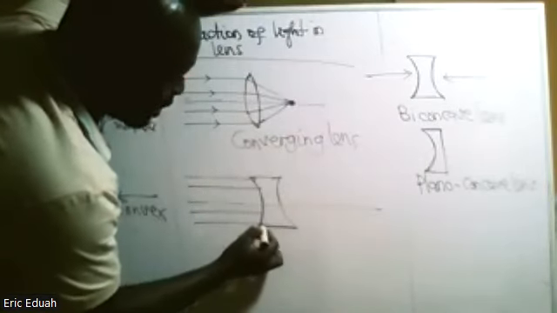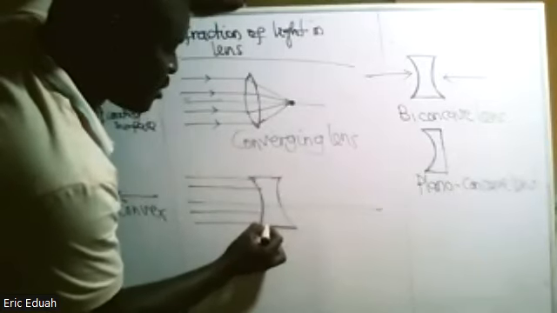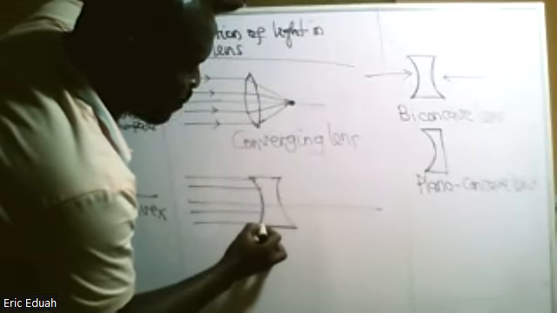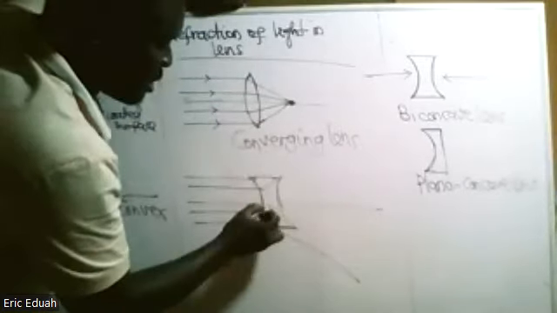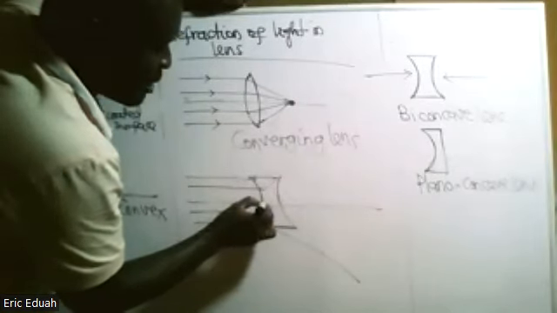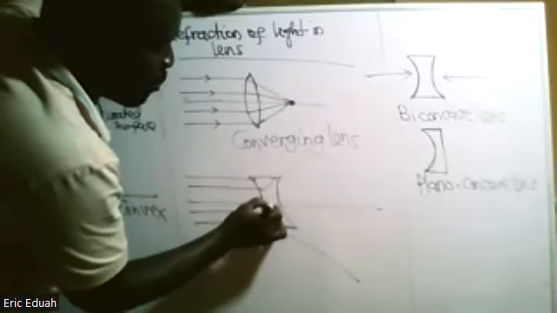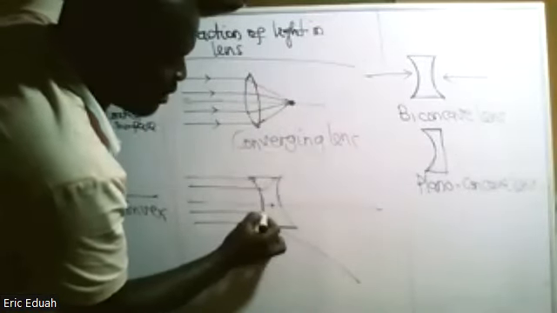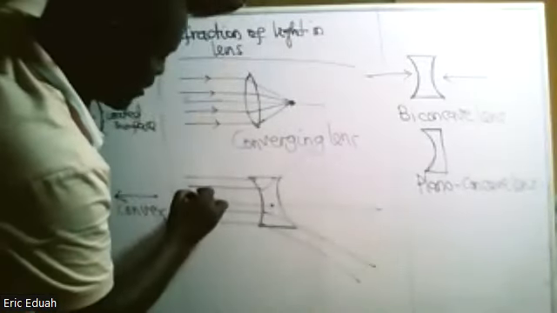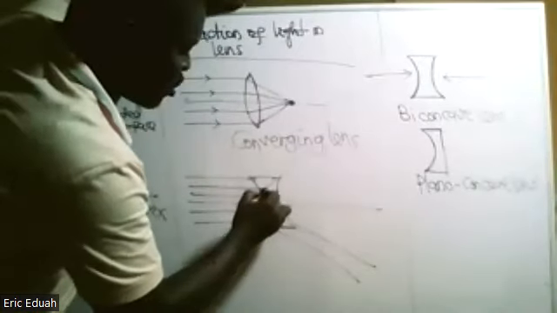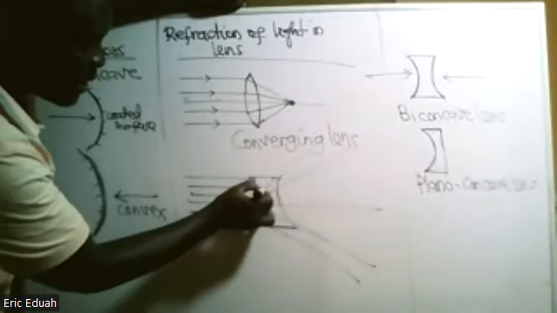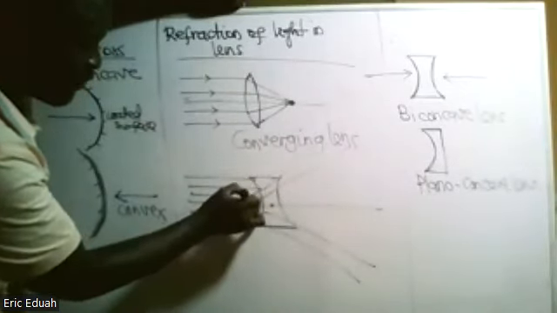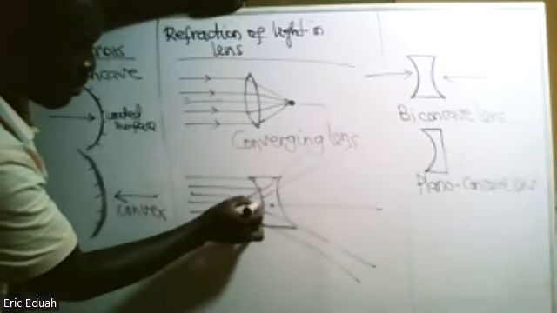So when this ray is coming out, its path will be deviated. This will also deviate. Once this hits the pole of the lens, it goes undeviated. But this will also deviate. If there's another one, this will also deviate. But always the deviated rays appear to be deviated from a point behind the lens.